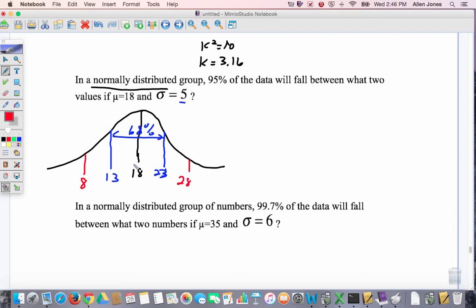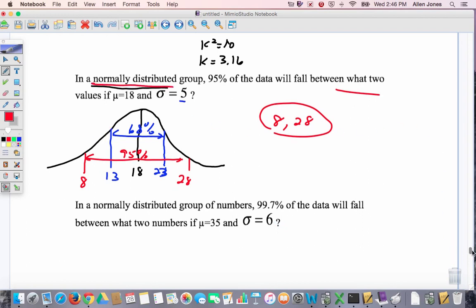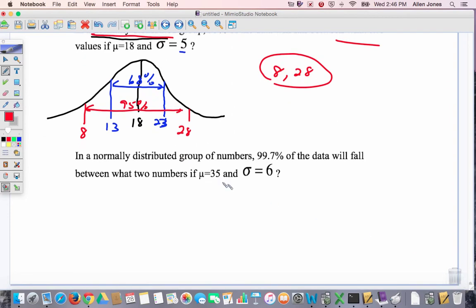If I go a second standard deviation away, 13 minus 5 is 8, or up another standard deviation, 23 plus 5 is 28, there is where 95% will lie. That's what's being asked in the question. So what two values? That would be 8 and 28. Between 8 and 28 will include 95% according to the normal distribution curve.